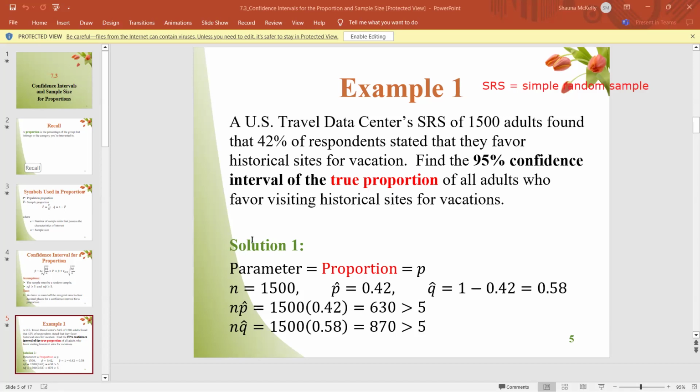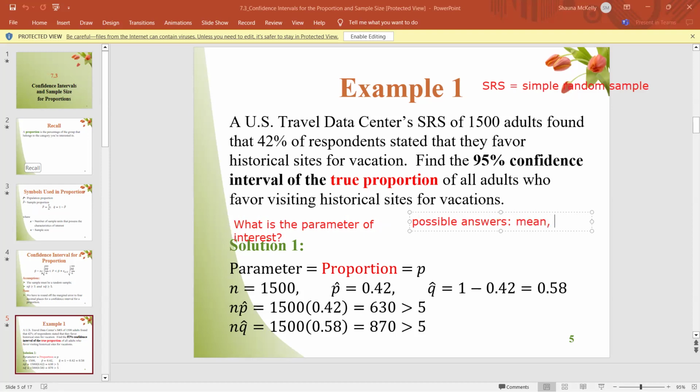And when she asks you what is the parameter, or what is the parameter of interest, the possible answers to that question, there are 4 of them.